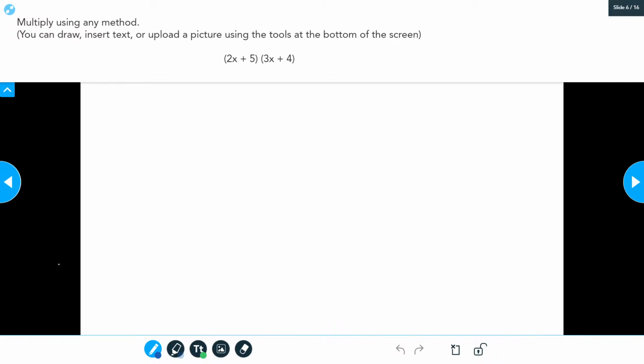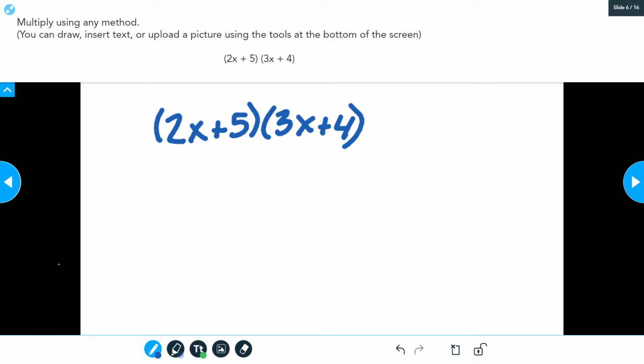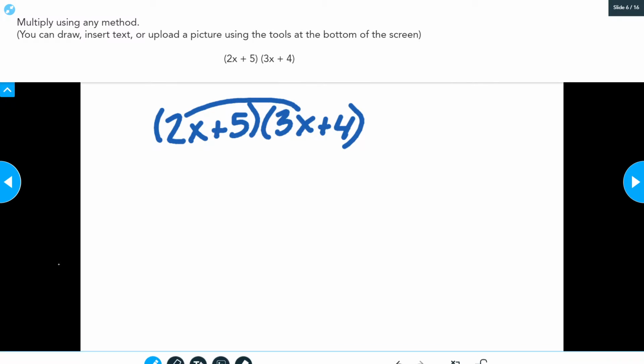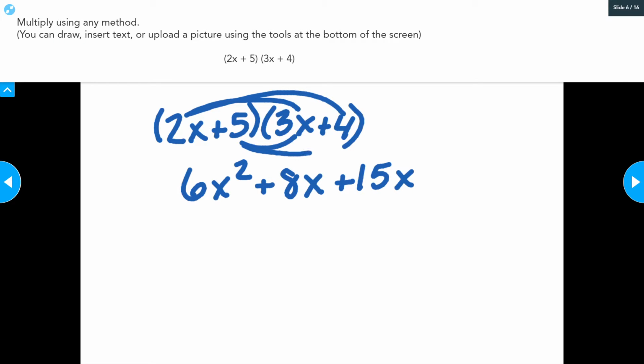For this problem, 2x plus 5 times 3x plus 4, I'm going to do this problem using the FOIL and the stacking. So 3x plus 4. I'm going to multiply. 2x times 3x is 6x squared. 2x times 4 is 8x. 5 times 3x is 15x, and 5 times 4 is 20.